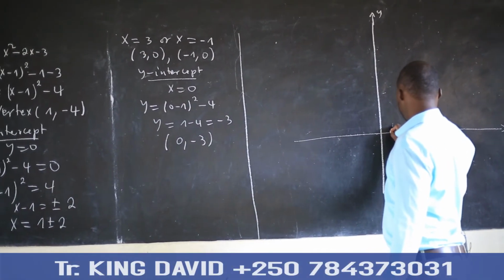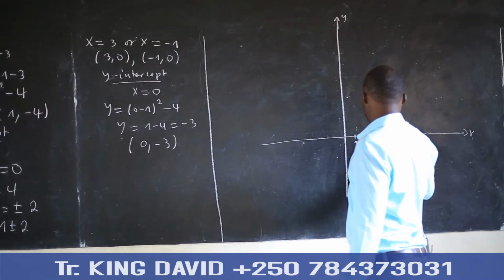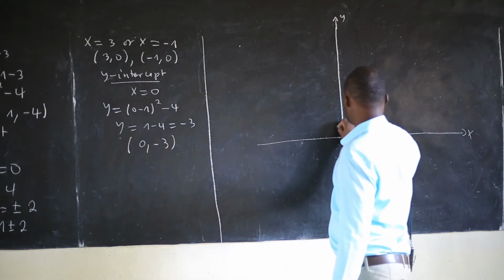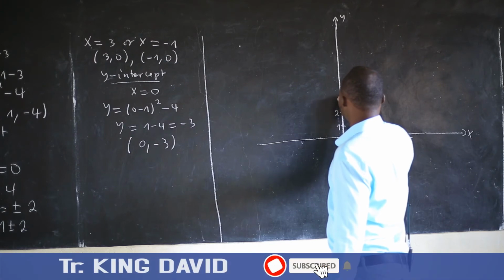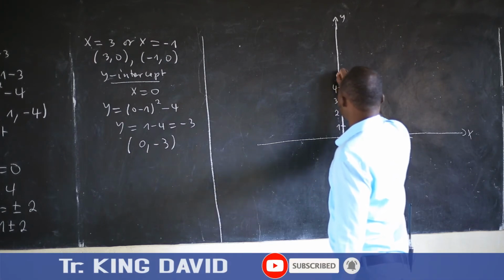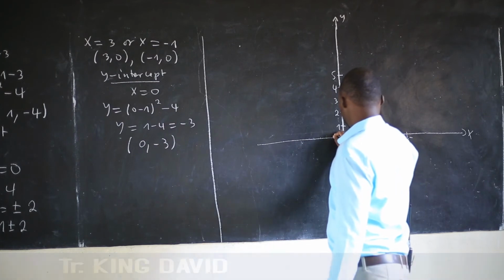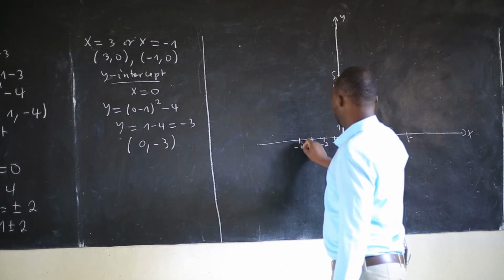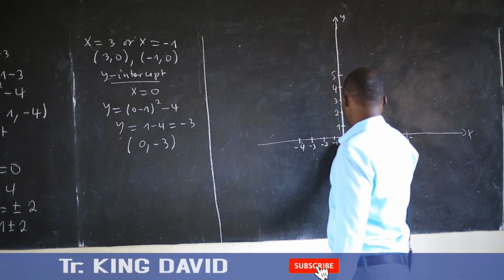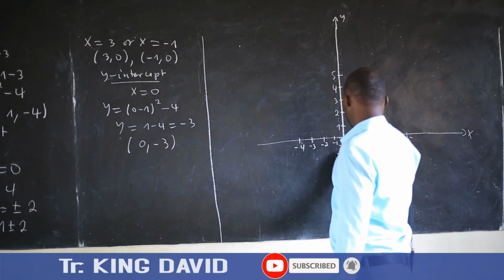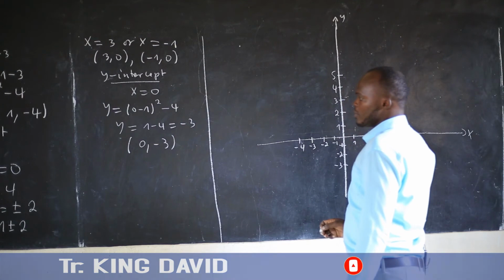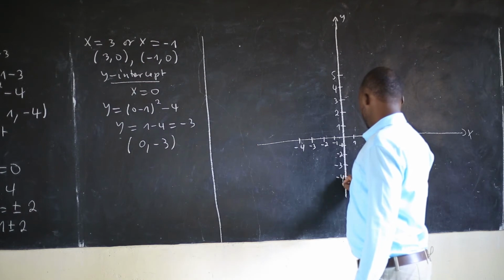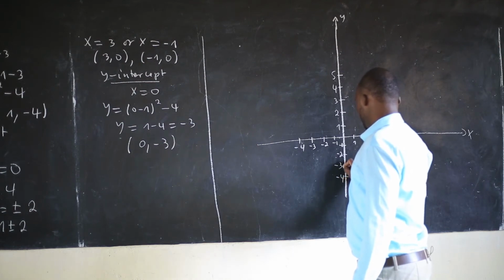So there is 1, 2, 3, 4, 5, and 1, 2, 3, 4, 5, then -1, -2, -3, -4 on the negative side. We have the y-intercept (0, -3), which is here.